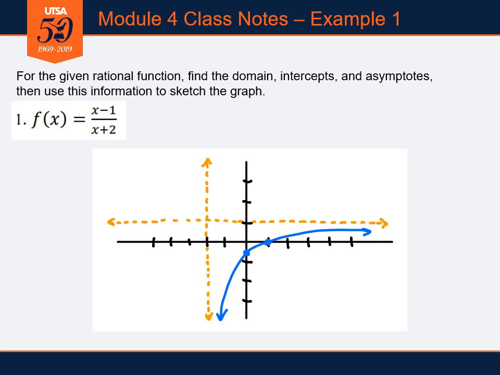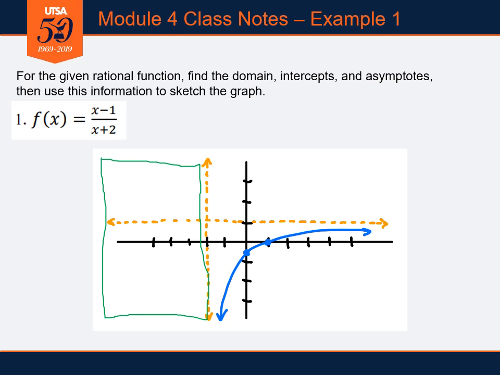There should be another branch somewhere over here on the left side of the asymptote. It's looking a little empty over here, looking a little lonely. There should be a branch of my curve on this side as well, and there is.